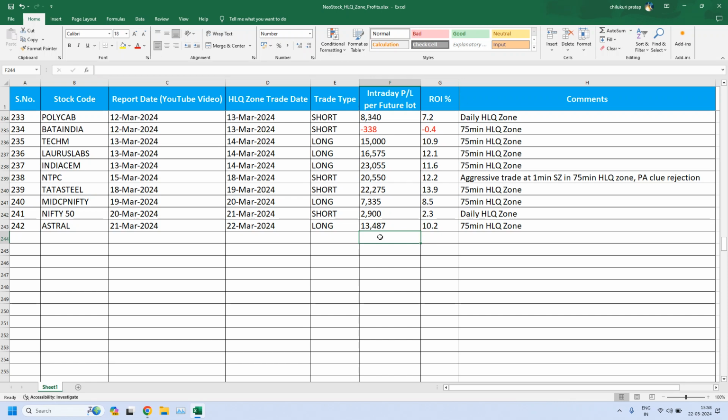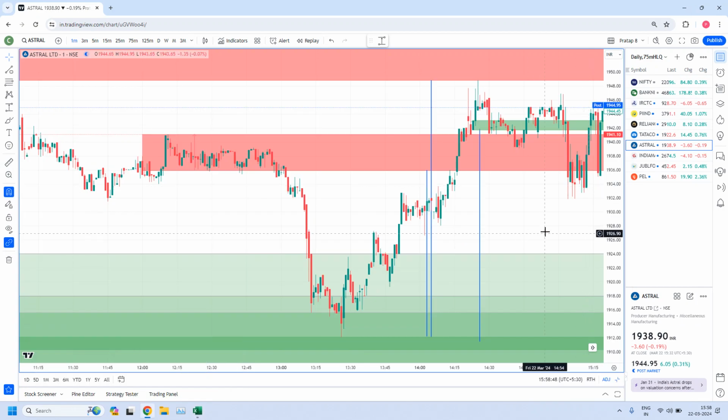Why I am telling you this is to show how well our high liquidity zones are working, that is what everybody should observe. And moreover, this is not only based on this week's data. We've been observing this; today's trade is the 242nd trade. During the last 6 months, if we complete the month of March, we will have a total of 6 months of data with us. Okay, this is about Astral.